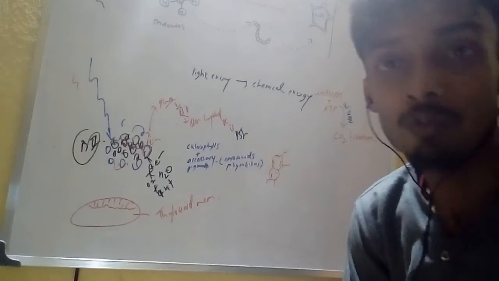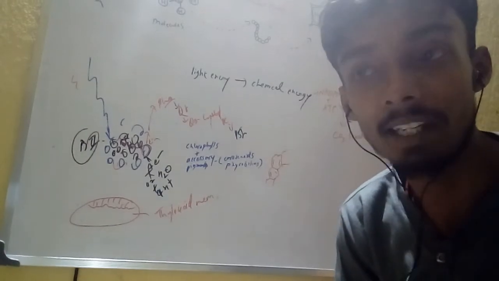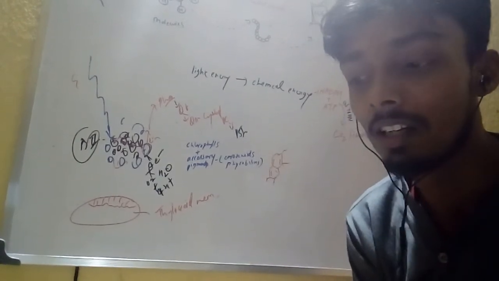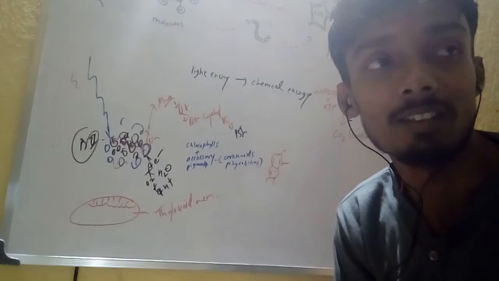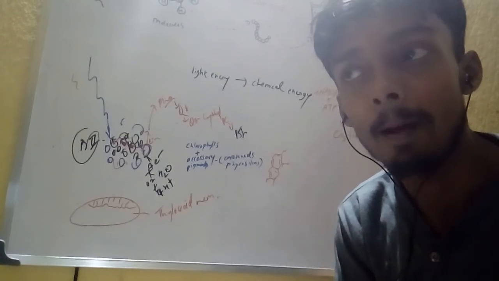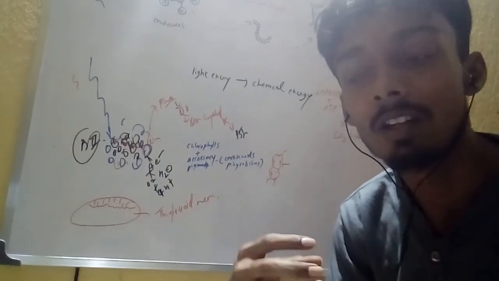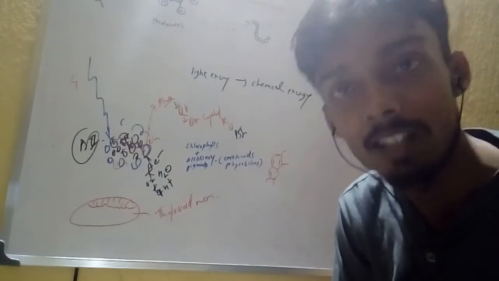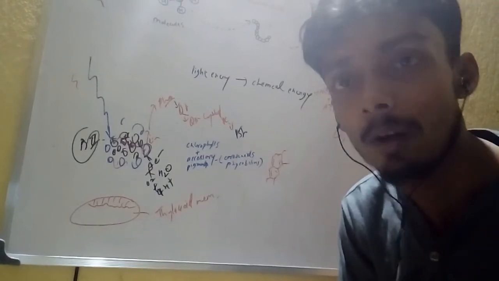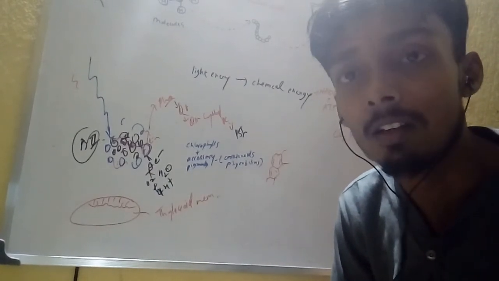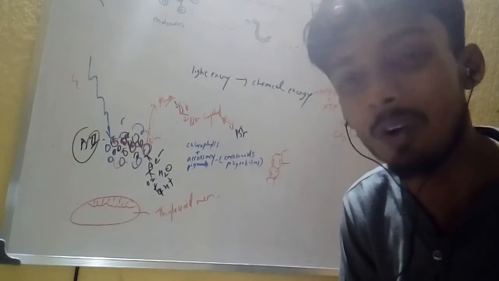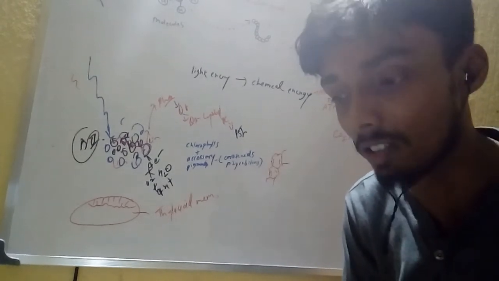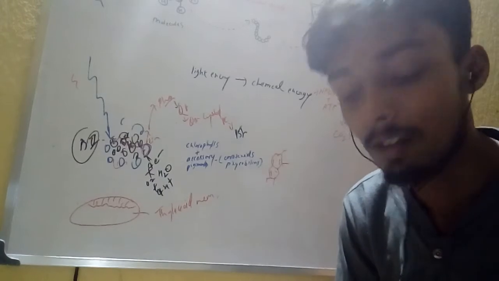Okay, so why do plants do this thing? I mean, why do they make their food? Why don't they just take carbon or oxygen or water and break them and use their bond energies in their cellular processes like replication for growing or many other signal transduction, etc.? Why do they fix this?